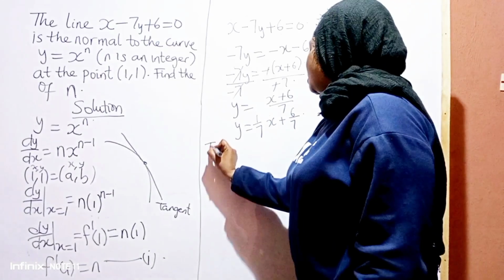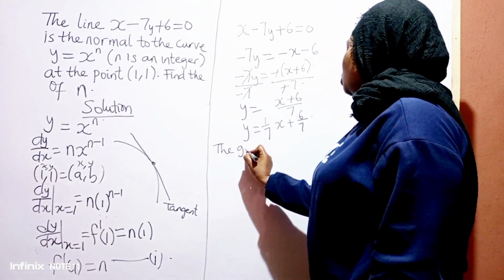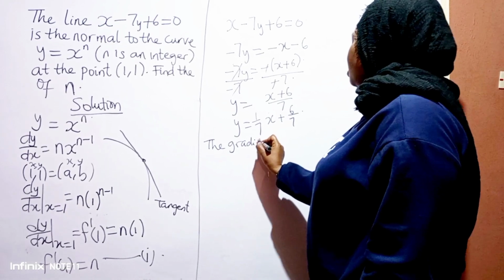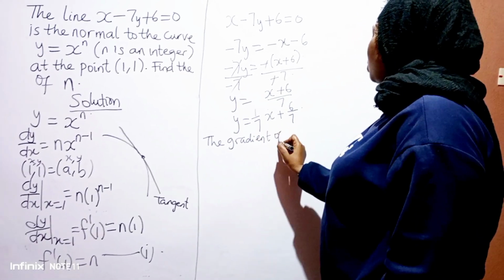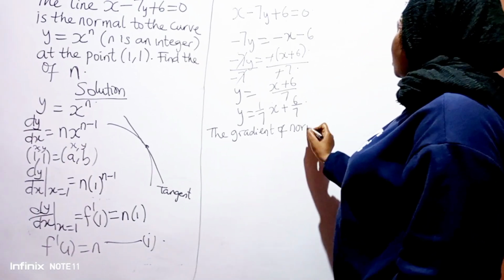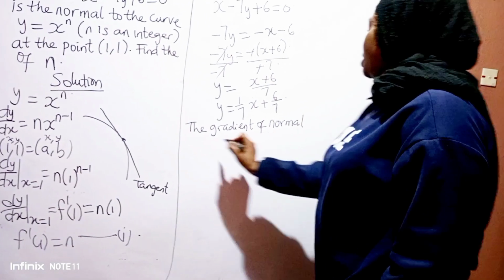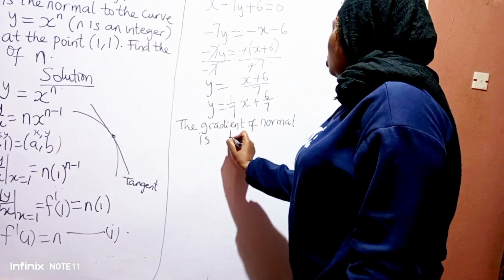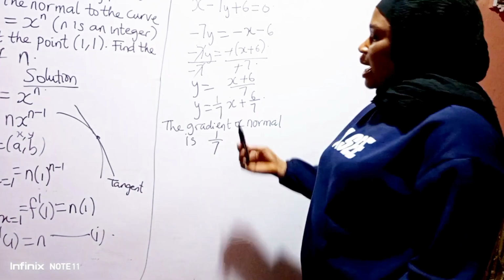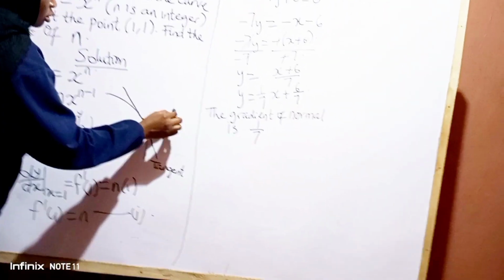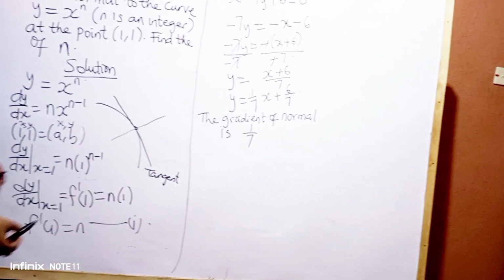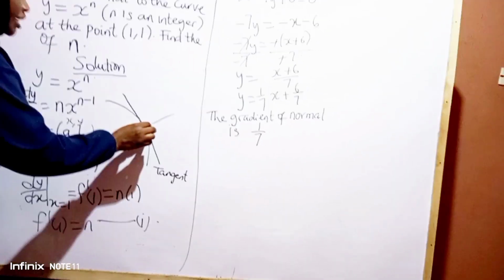So the gradient or slope of the normal is 1 over 7. And you should know that the normal is perpendicular to the tangent.